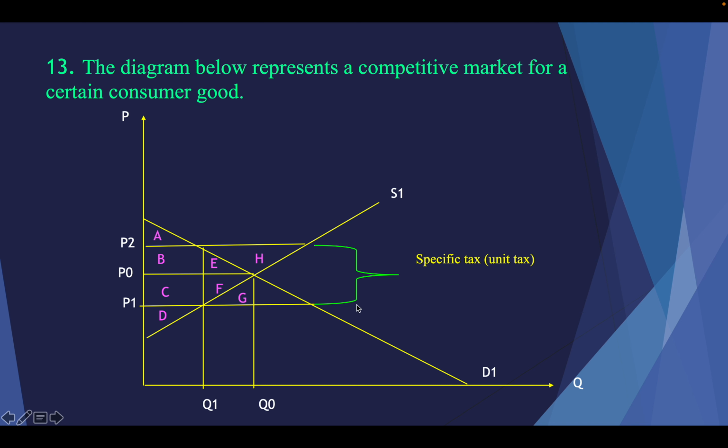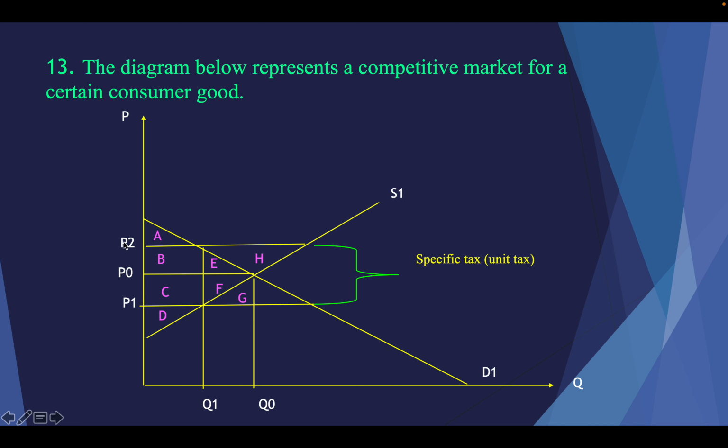Okay, this is your diagram and your supply curve is S1 and the demand curve is D1, and your equilibrium price is P0 and equilibrium quantity is Q0. Remember, children, the consumer surplus is the triangle above the equilibrium price, and the triangle below the equilibrium price is the producer surplus.